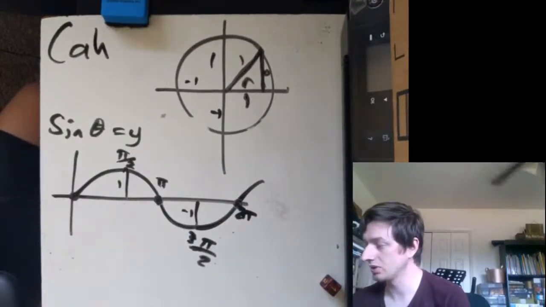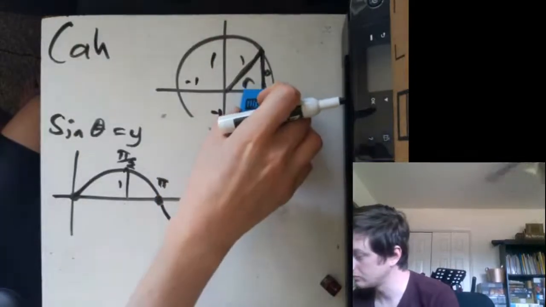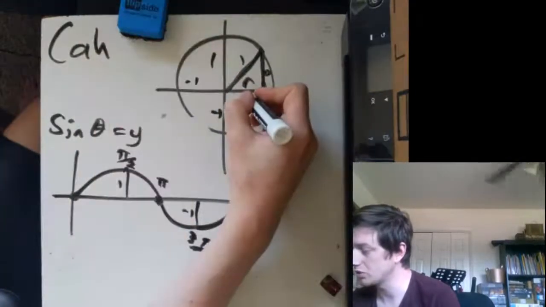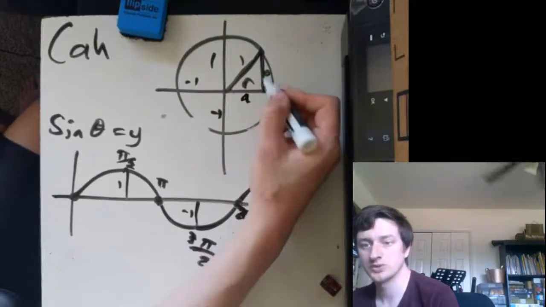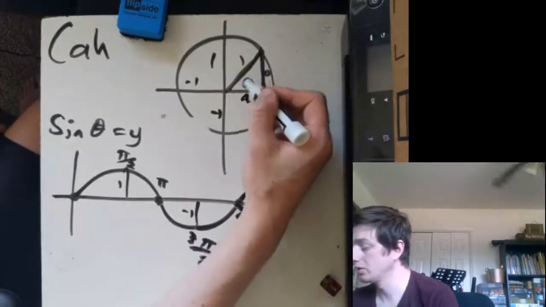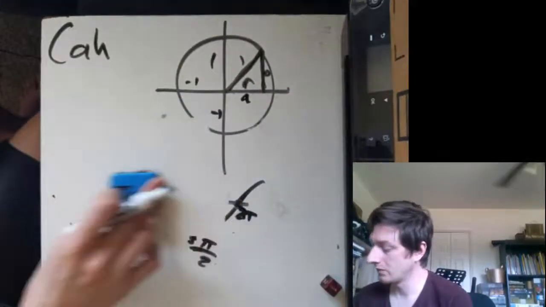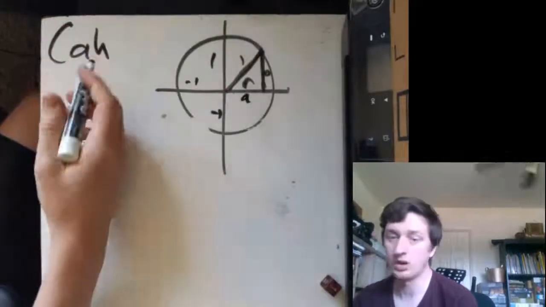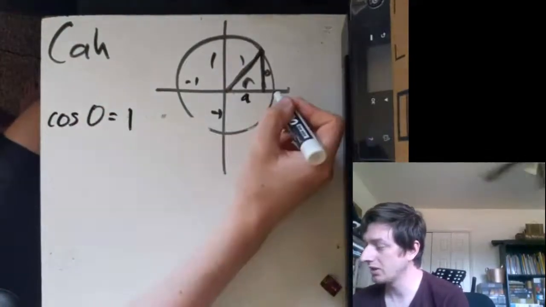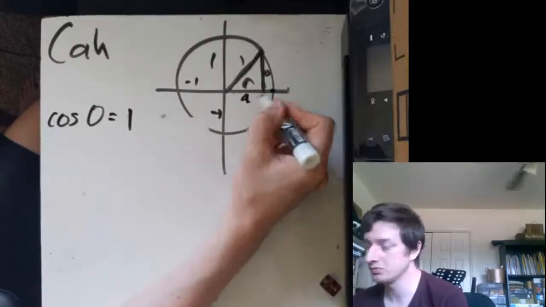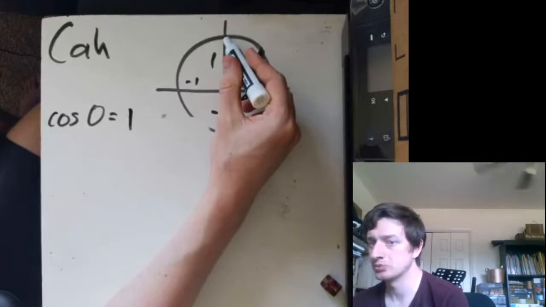So on this circle here, the adjacent side of this triangle is this distance. It starts at 1 when the height is 0 here, when the angle is 0. So cosine of 0 is 1, right, because it'd be down here. When I go back up to 90, the triangle moves and moves, and it gets to the peak here, up at 90.